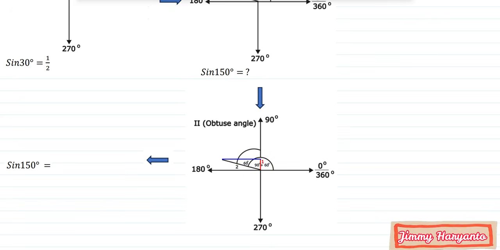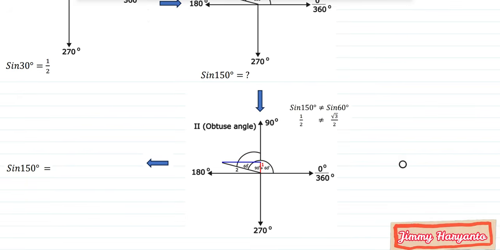If the triangle is like that, the opposite will be this one, the hypotenuse will be this one, and this one is the theta. Because we already know the value of sine 150 from the previous experiment, we can tell that sine 150 is half.